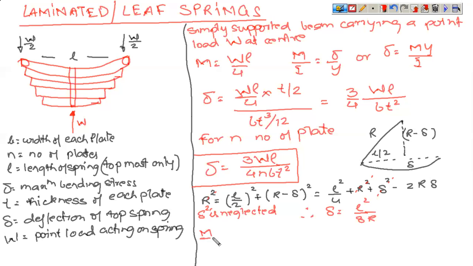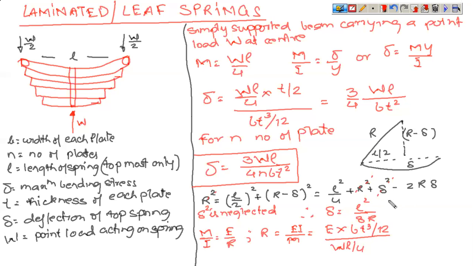Now M by I is equal to E by R. So R is equal to EI by M. So E is a constant, I is bt cube by 12, and M is WL by 4.